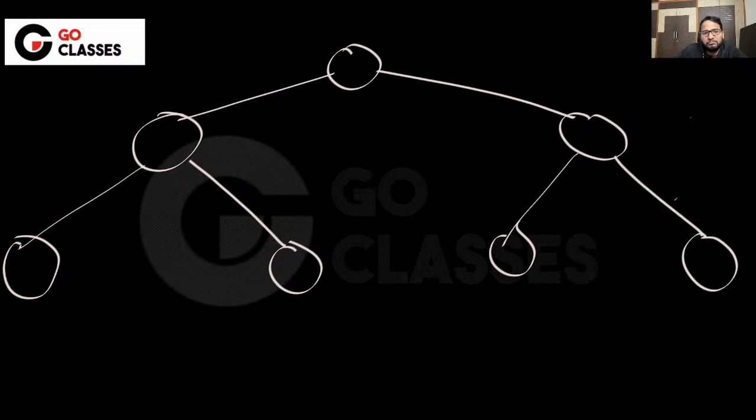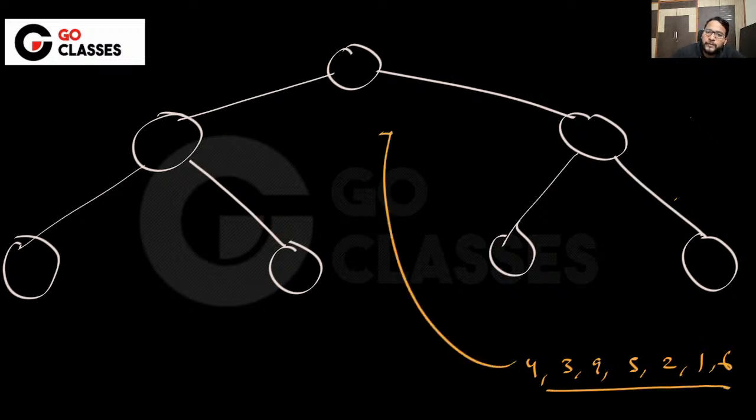Let's suppose the numbers are 3, 9, 5, 2, 1, 4, 6, these are the seven numbers given to me. They say fill these numbers in this binary search tree such that the resultant is a binary search tree.